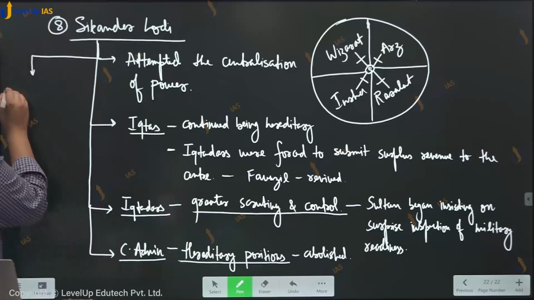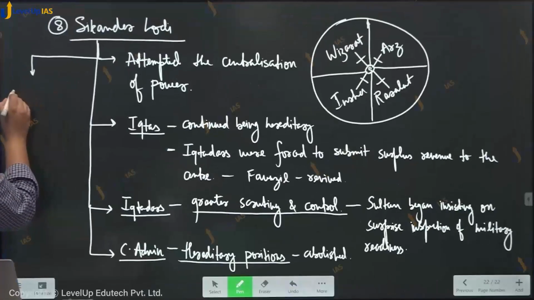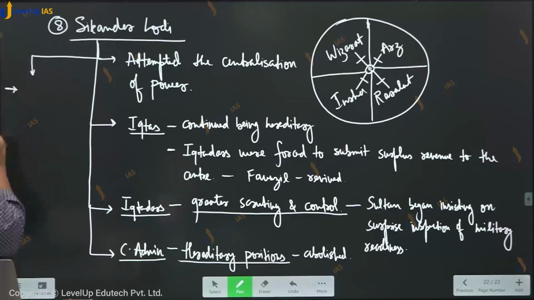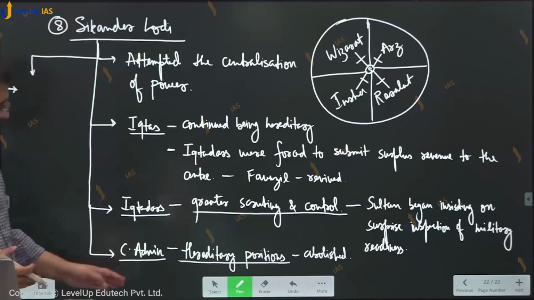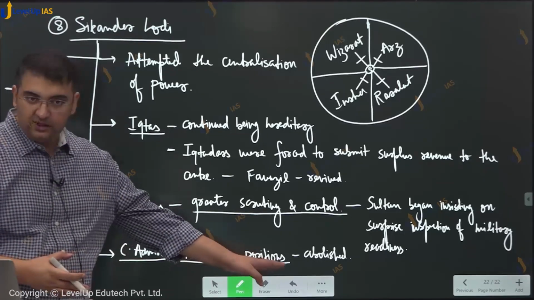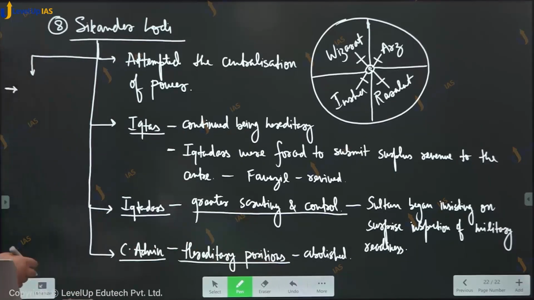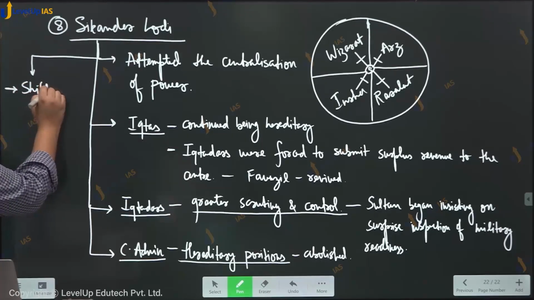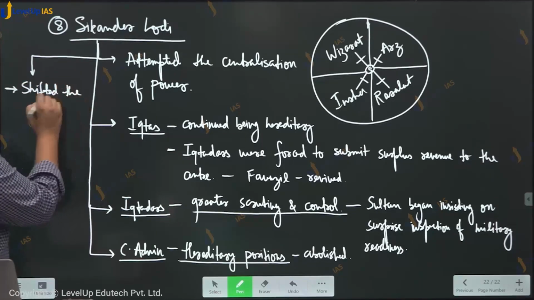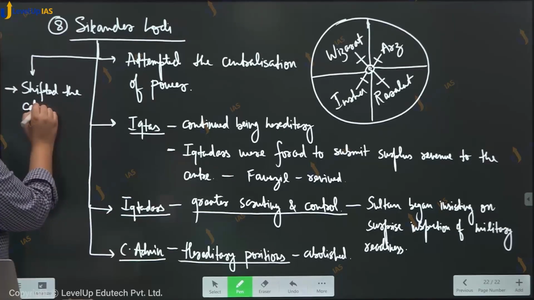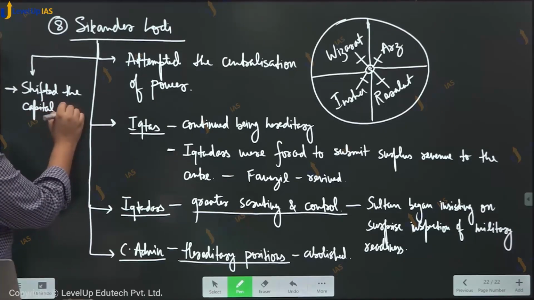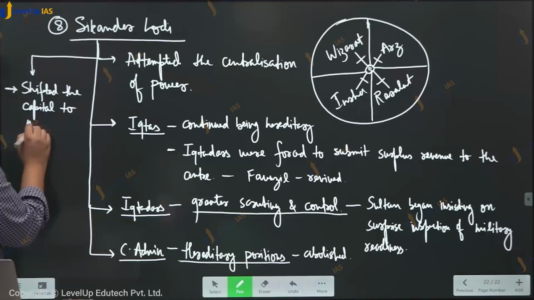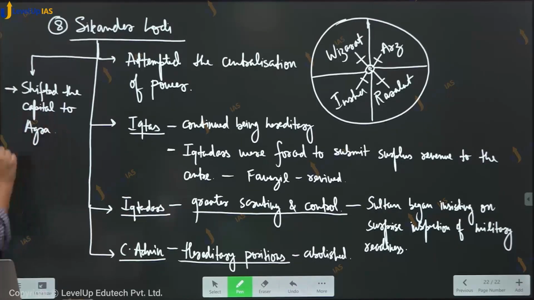Fourthly, to distance himself from the destructive influence of the central nobility, which was disgruntled because of the abolition of hereditary positions, he shifted the capital to Agra.